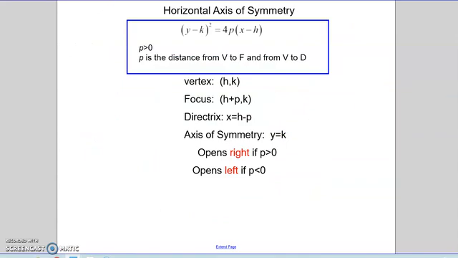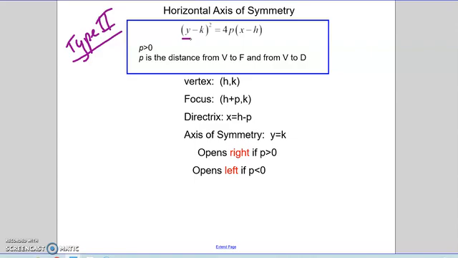So we're going to add something new now, and let's call them type 2 parabolas. With type 2 parabolas, you'll notice that the equation, the x and the y have changed positions. So instead of (x minus h) squared is equal to 4p times (y minus k), we have swapped the positions of the x and the y.